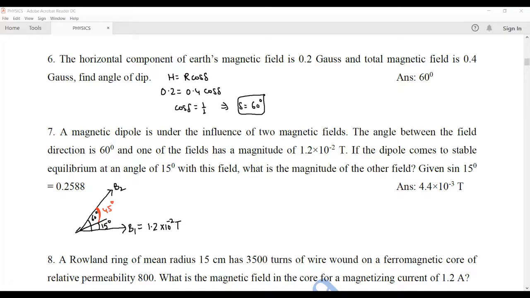Now we know that any dipole, when it is placed in a magnetic field, experiences a torque. Now this dipole comes to equilibrium, that is, the torque experienced by this dipole in magnetic field B1 will be equal to the torque experienced by this dipole in magnetic field B2, that is, tau 1 is equal to tau 2. And we know that the torque is given by m B1 sin theta 1 equals m B2 sin theta 2.